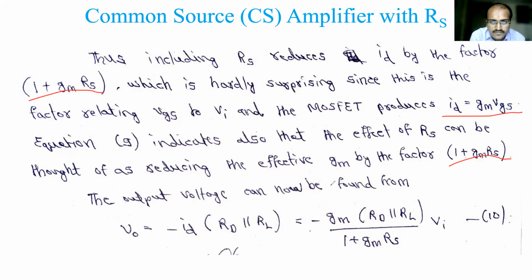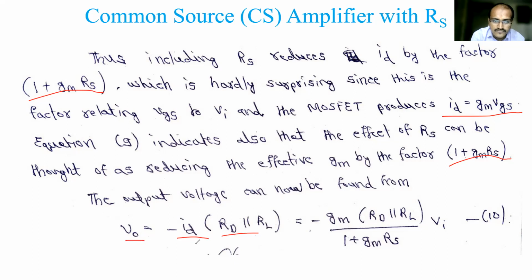Now we'll discuss the further factor, that is the voltage gain, for this circuit. How it will affect equation-wise and problem-wise, we'll see. The output voltage can now be found from V0 equals minus ID RD parallel to RL. On the output side there is no R0 considered here, only RD and RL.